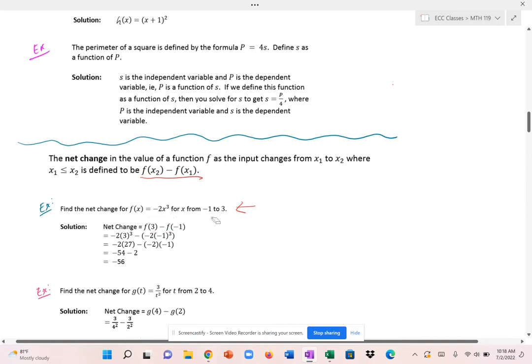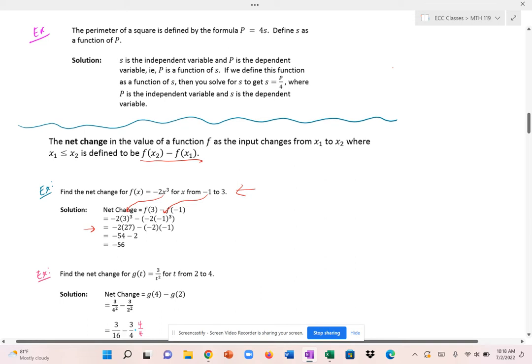So I plug in the 3 here, minus, and then plug in the negative 1 here. I get negative 2 times 27 minus negative 2 times negative 1. That becomes negative 54. There are 3 negatives, so it's still a minus. So it's negative 54 minus 2, which gives me a net change of negative 56.